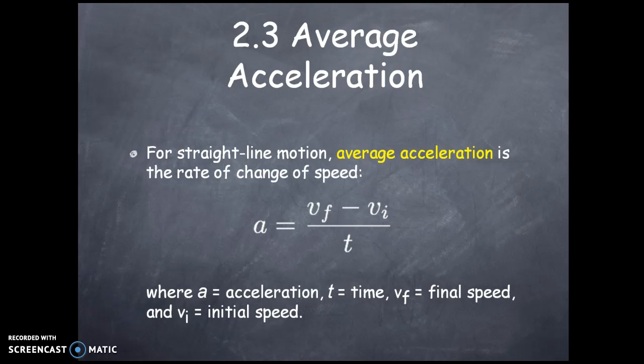So you use this formula, a equals vf minus vi divided by t. So a is the acceleration, vf is the final velocity, vi is the initial velocity, and t is the time taken to make the transition. Or you could always write it like v2 minus v1 divided by t.